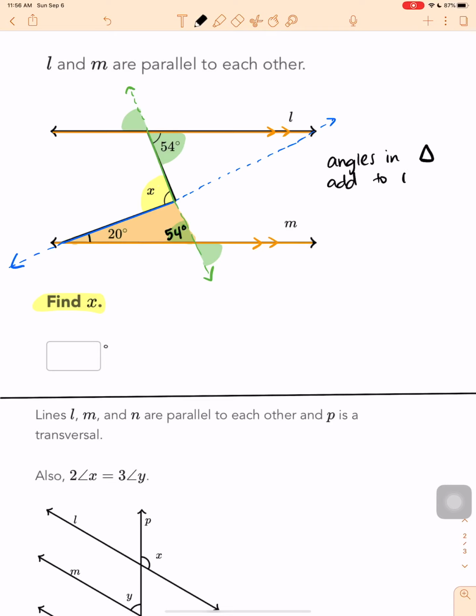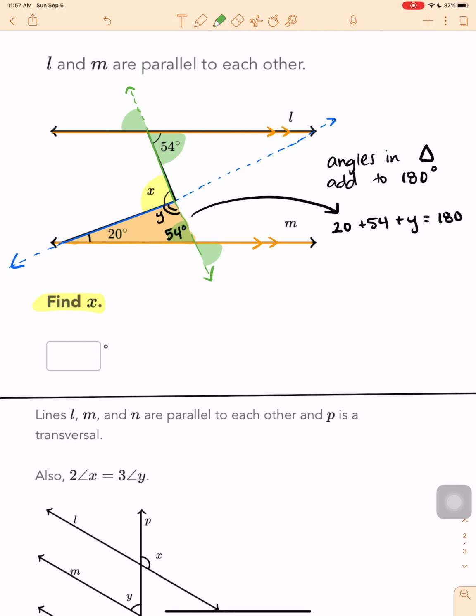All right, so now, knowing that this is a triangle, we know that angles in a triangle add to 180 degrees. So if we have all but one of the angles, we can solve for this missing angle here. Let's call it y. All right, let's say we need to solve for y in order to solve for x. So using that triangle here, we know that 20 plus 54 plus y is equal to 180 degrees.